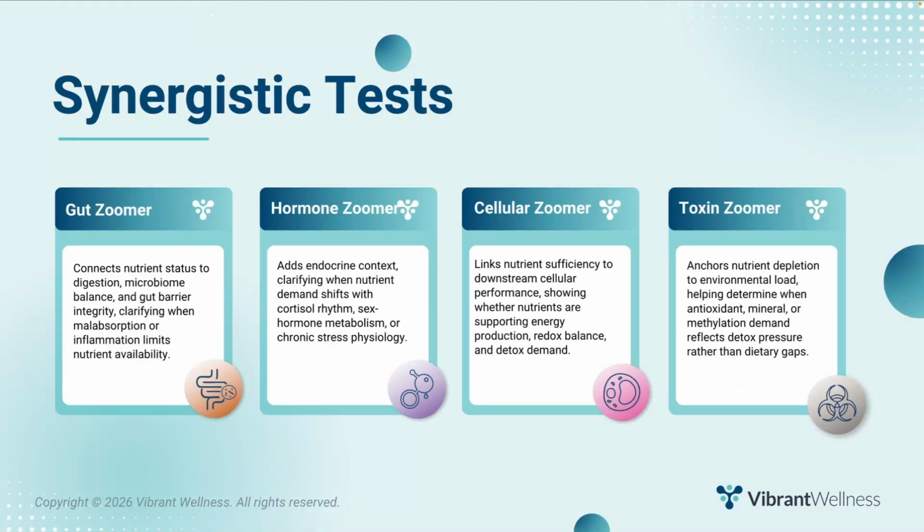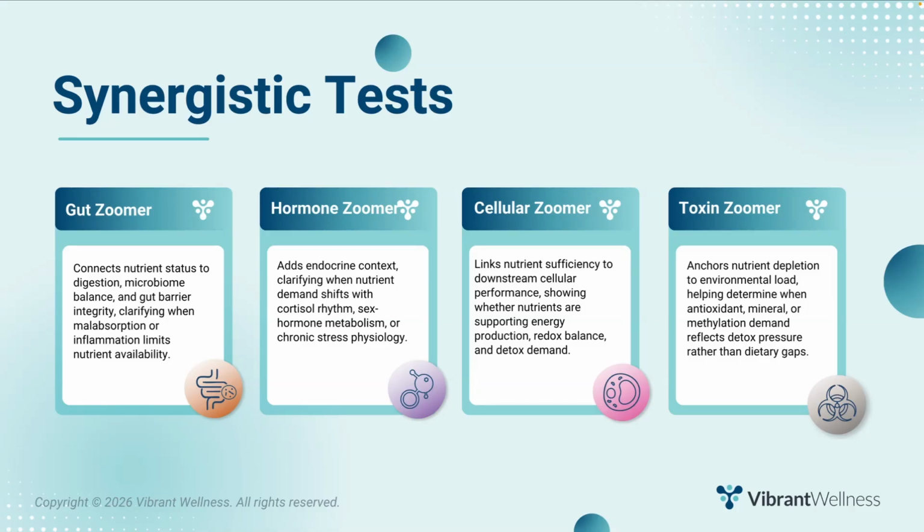In addition to Vibrant's nutrient zoomer, also consider the gut zoomer, which connects nutrient status to digestion, microbiome balance, and gut barrier integrity, clarifying when malabsorption or inflammation limits nutrient availability. Also, the hormone zoomer, which adds endocrine context, clarifying when nutrient demand shifts with cortisol rhythm, sex hormone metabolism, or chronic stress physiology.